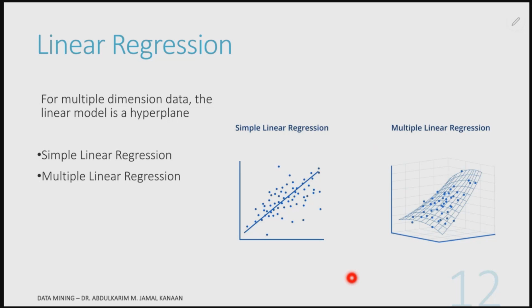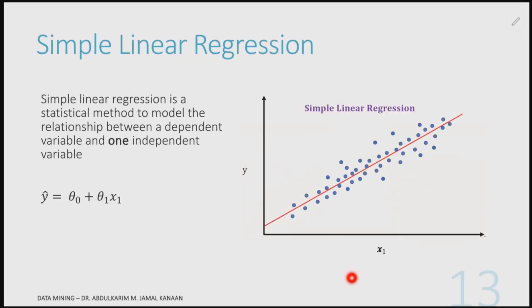I don't know if there's any problem where you need just one input. It's too simple. So when we talk about simple linear, as we said, we have one input and one output. And in this case, we look for theta values. The model is going to find these values. This is why we're doing modeling.